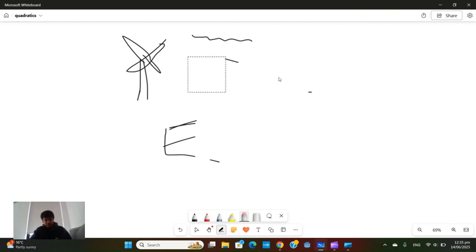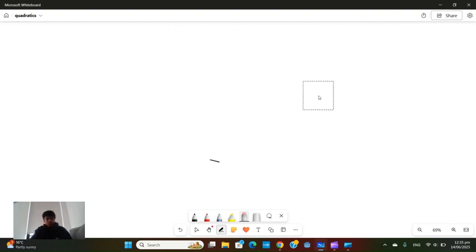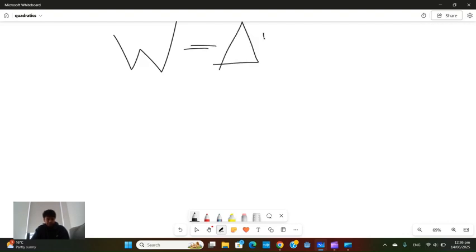Next, we're going to look at work. Now, what is work? That is the question. Work is equal to change in energy transferred. The formula is force times distance moved in the direction of the force.